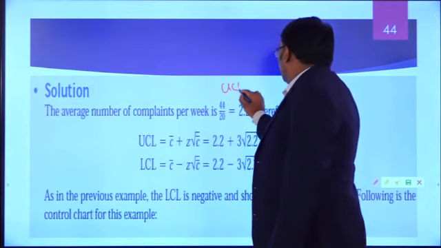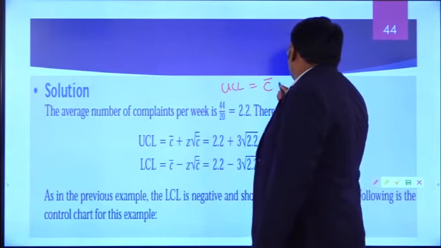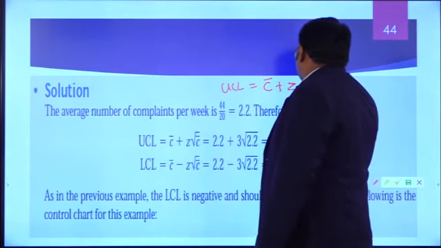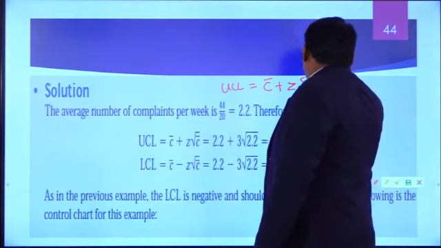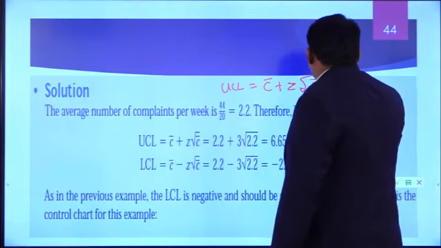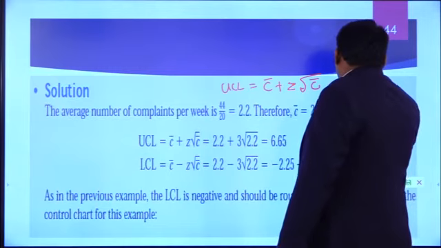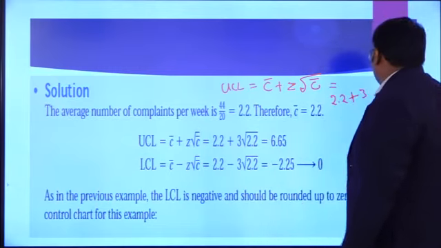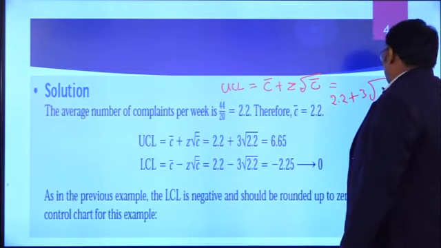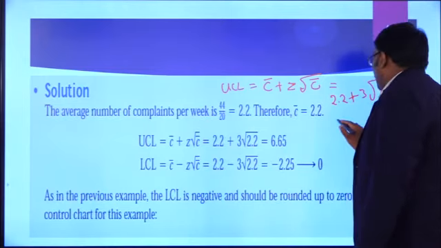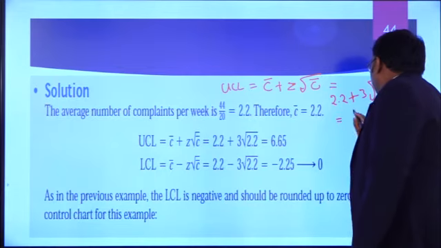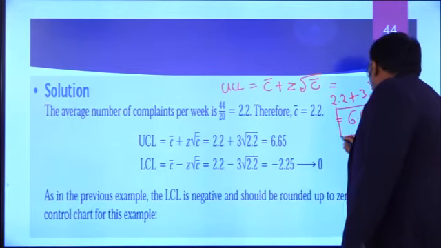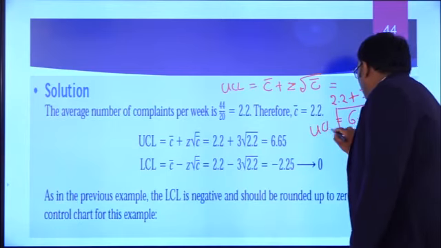UCL is equal to C bar plus Z root of C bar, which is 2.2 plus 3 root of 2.2. How much are you getting? You are getting 6.65. That is the value you get for the UCL.